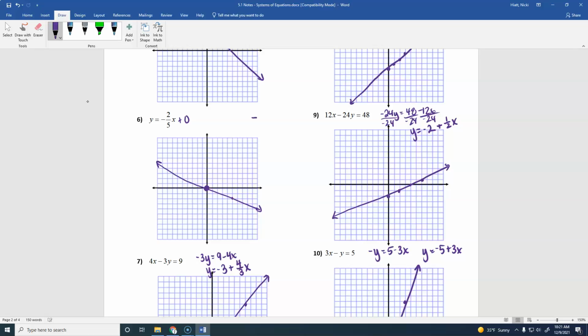And then when we have a slope of negative 2 over 5, that negative can go top or bottom, or just know that your line needs to be decreasing since it's negative, right? So instead of going up 2 to the right 5, we need to go down 2, and to the right 1, 2, 3, 4, 5. There. And then you'll keep doing that till you get that line.